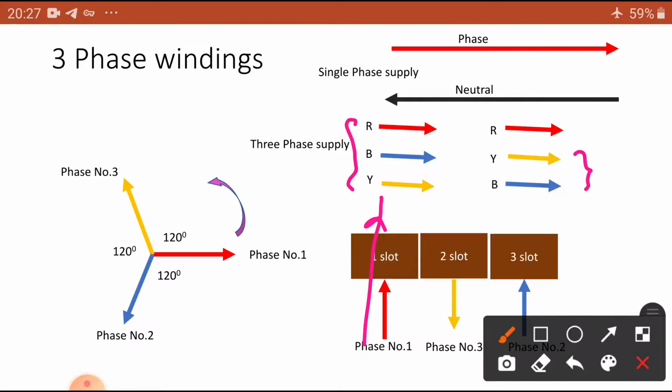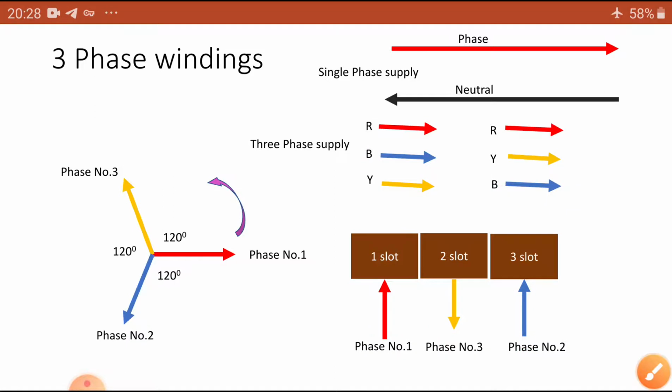We connected the B phase, but the current is coming downwards. That is the starting here, the ending here, reversed. Just like we reversed this one, and as usual B phase is entered here. You have to remember this; you already learned it in the 3 phase system also. This is the one thing you have to remember.